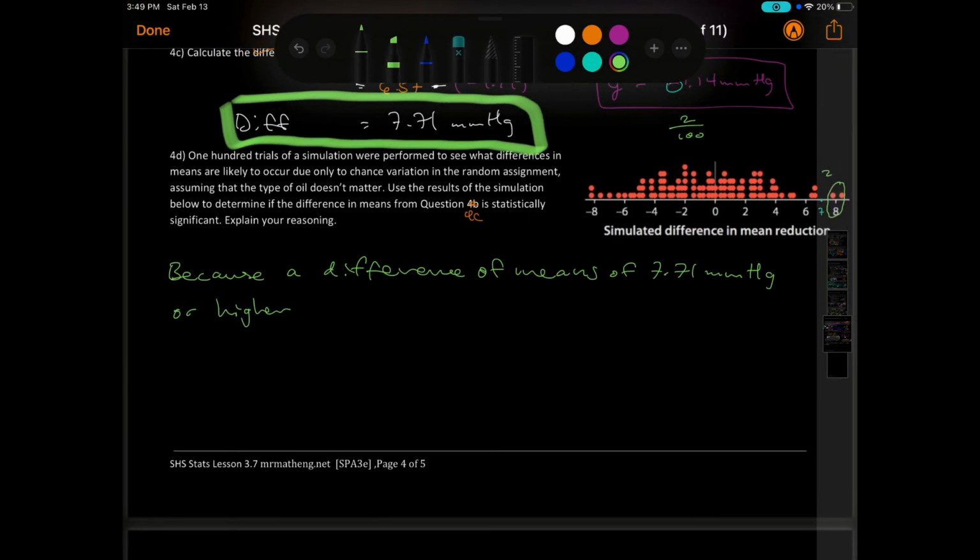How many times? It rarely occurred in the simulation. Out of 100, which is like 2%. And is that number bigger or smaller than 5? It's smaller than 5.